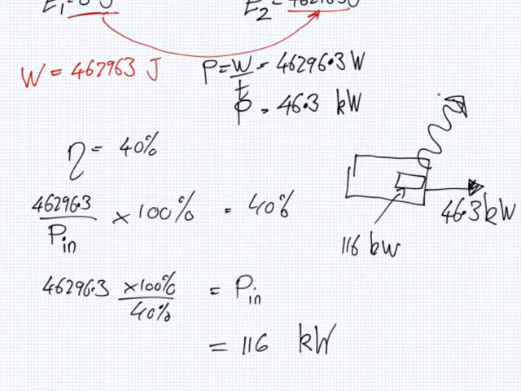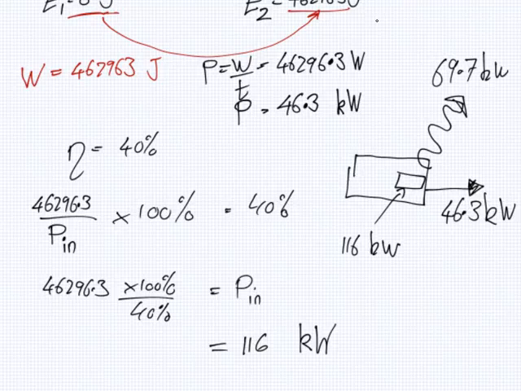How much heat? 116 minus 46.3 is 69.7. So, 116 kilowatts is the power of the engine. Only 46.3 is useful work to make the car move. The rest, 69.7, is wasted as heat.